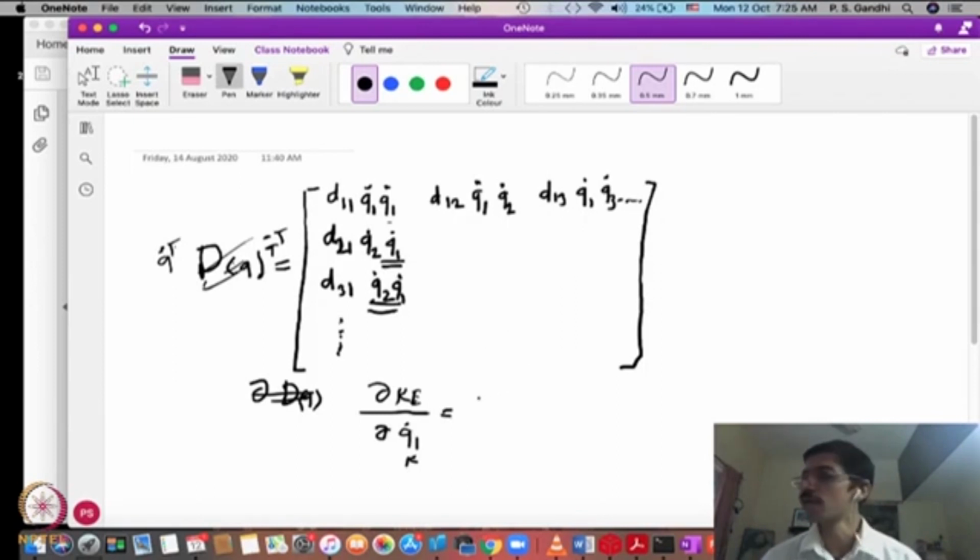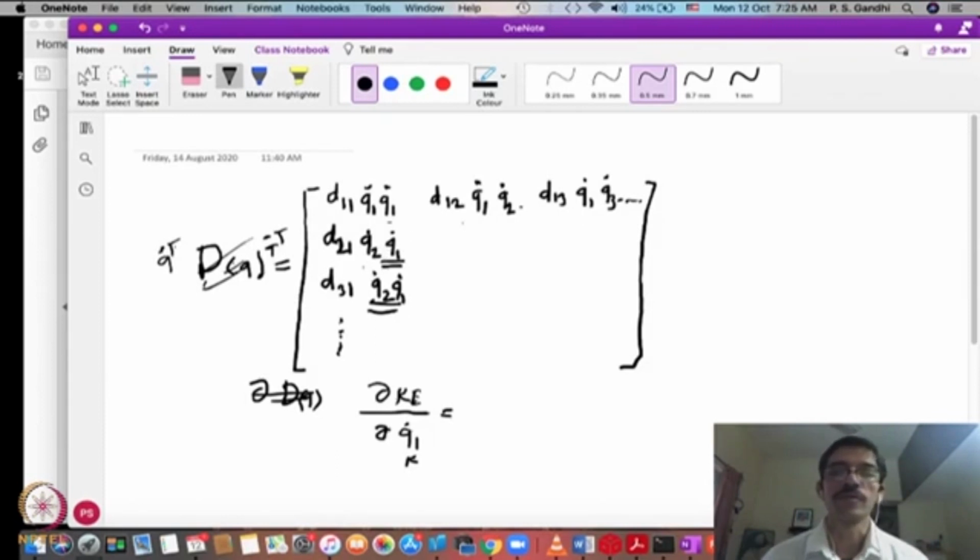In here there are going to be terms from both places, from here also and here also. So D21 and D12 are the same because this is a symmetric matrix. This matrix is not only positive but also symmetric.